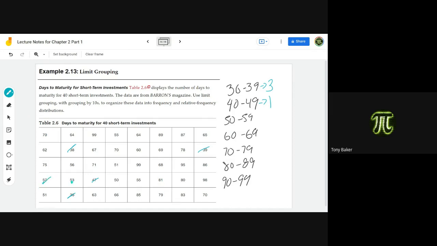All right, let's see. 1, 2, 3, 4. Because if I make a mistake, you guys aren't going to let it go either. 5, 6, 7, 8.